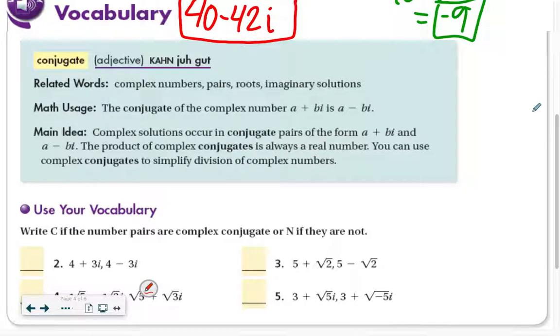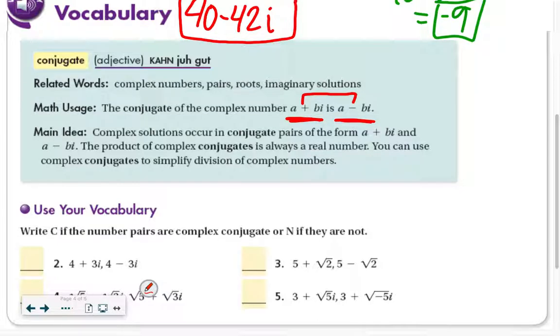So like here, I would underline this. If I have a plus bi, which is my standard complex number form, the conjugate is just a minus bi. So instead of a plus, you have a minus. It's just opposite. Kind of like when we did factoring, like x plus 5, x minus 5, except we're talking about complex numbers.